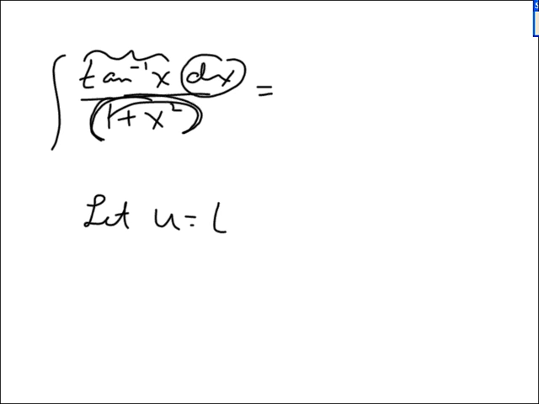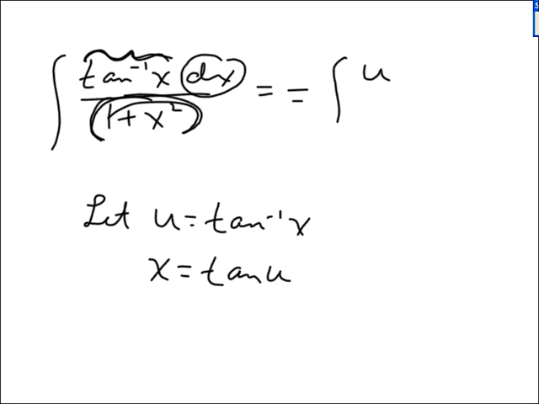Let u equal tan inverse of x. Well, this part is u. Now this says that x equals tangent of u. So then dx is secant squared of u du.